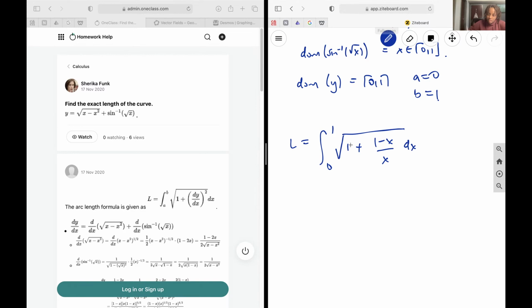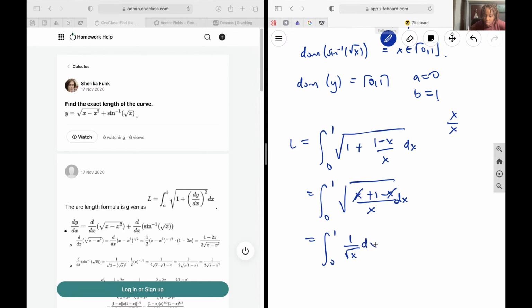And then let's simplify this. Let's treat 1 as x over x. So 0 to 1, the root of x over x plus 1 minus x over x dx. These two x's will cancel, and it'll leave the integral from 0 to 1 of 1 over square root x dx.